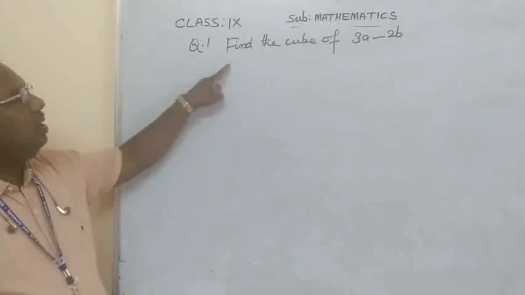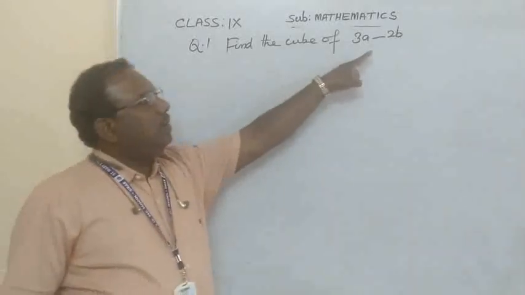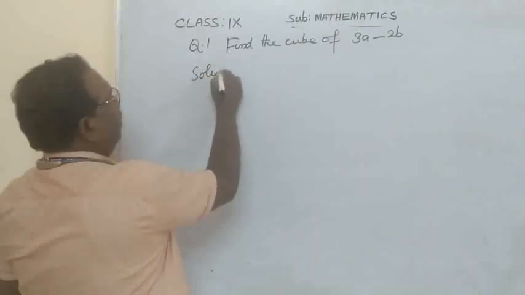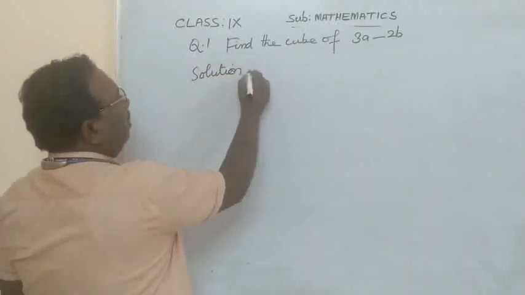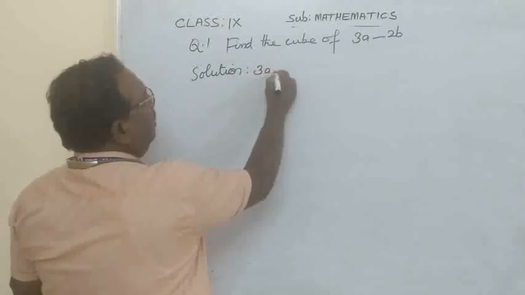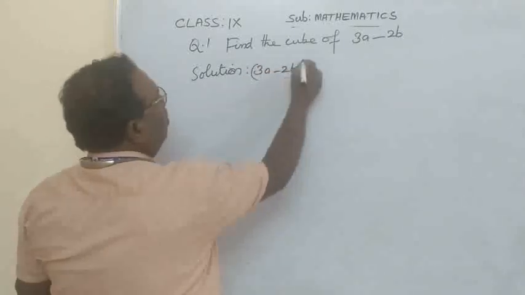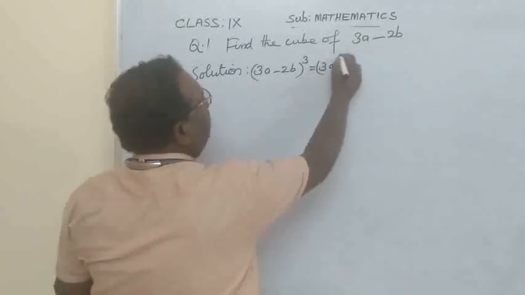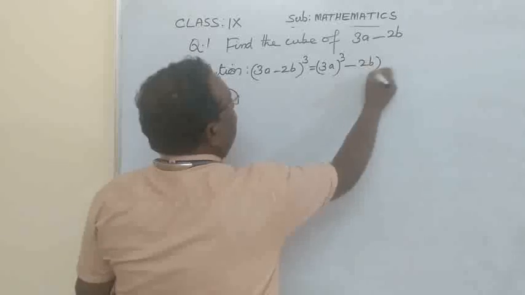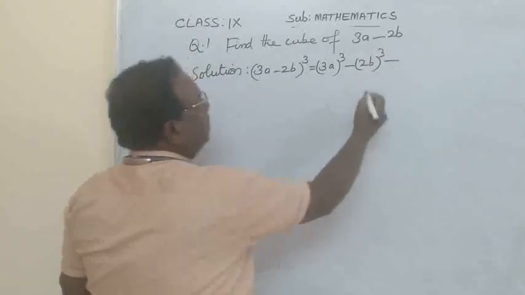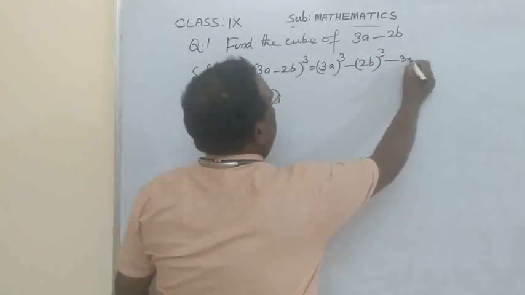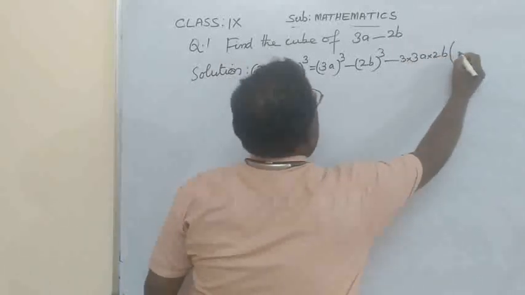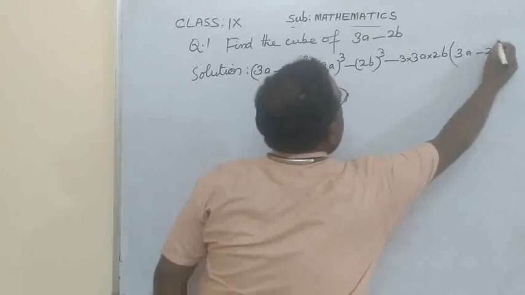Question 1. Find the cube of 3a minus 2b. Solution. (3a minus 2b) all cube is equal to (3a) all cube minus (2b) all cube minus 3 into 3a into 2b into (3a minus 2b).